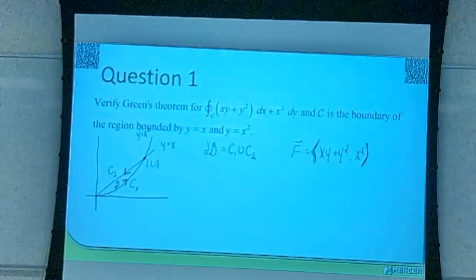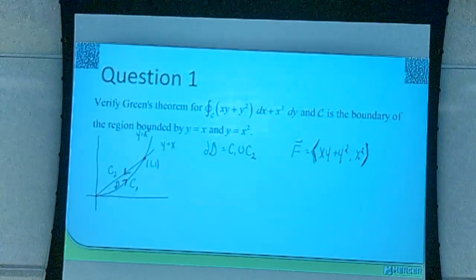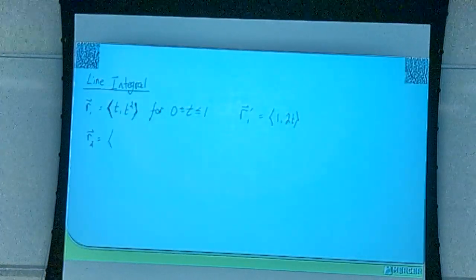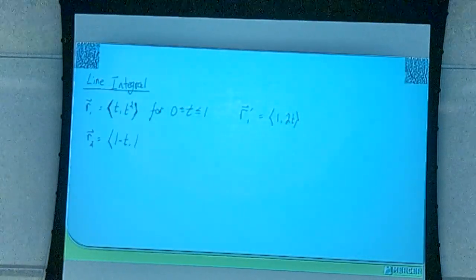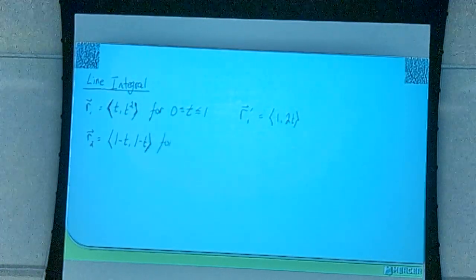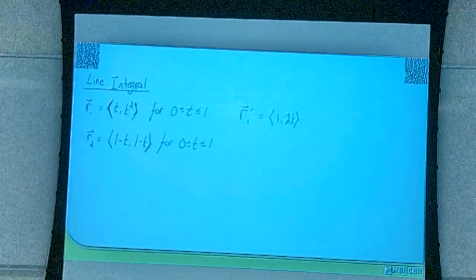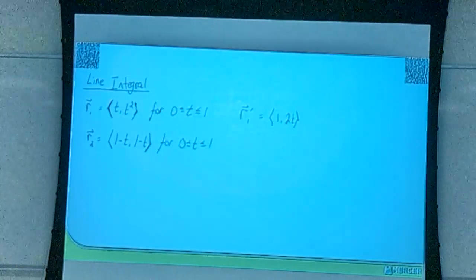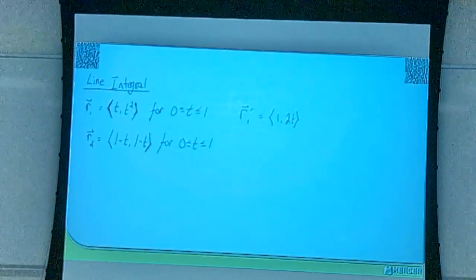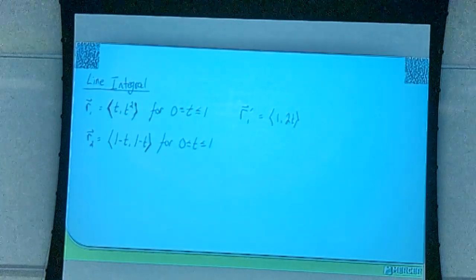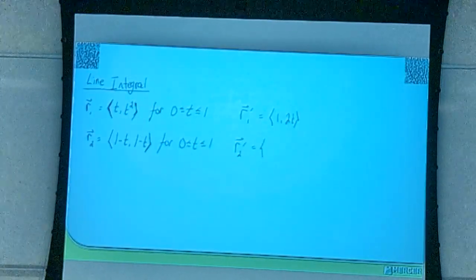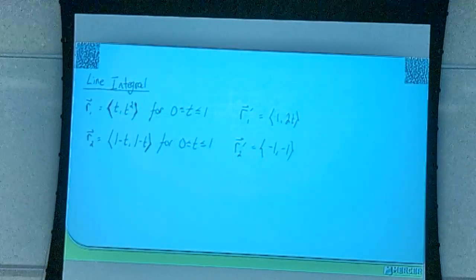It should work, but I'm going to be safe and do it the way I want. So I use 1 minus t, because x has to go from 1 to 0. r2 prime is then just negative 1, negative 1, right?